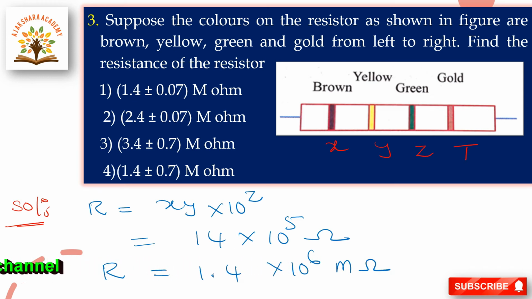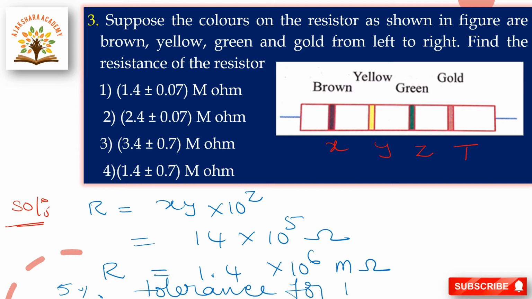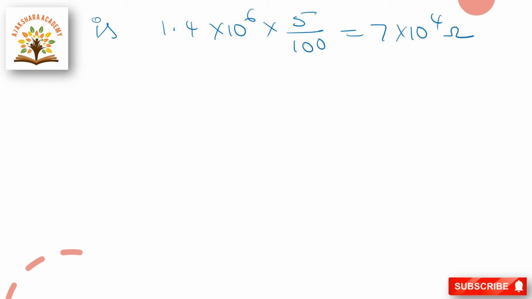So 5% tolerance for this. 5% tolerance for 1.4 into 10 to the power of 6 ohms is 1.4 into 10 to the power of 6 into 5 by 100, that is equals to 7 into 10 to the power of 4 ohms. So this can be written as 0.07 into 10 to the power of 6 ohms.